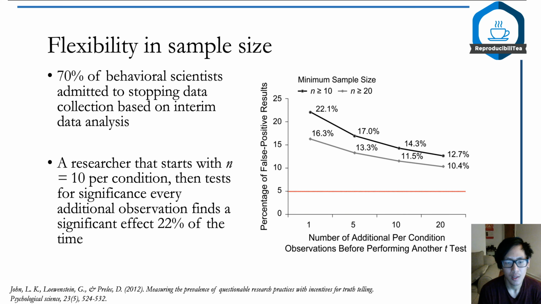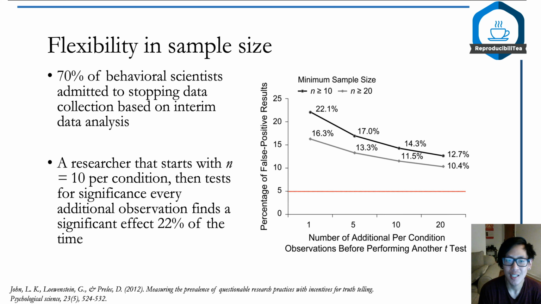So a sample size of 10 or 20. On the x-axis, the number of additional per condition observations before performing another t-test. So when it says 1, it means you just add one observation and you do the t-test again to see if it's significant. And you stop when you find it is significant.